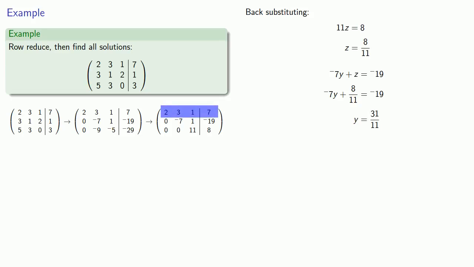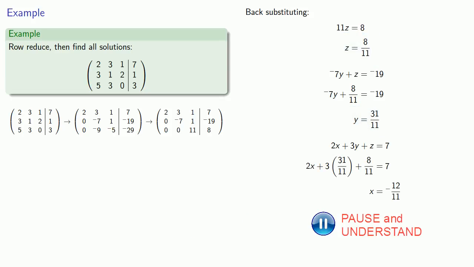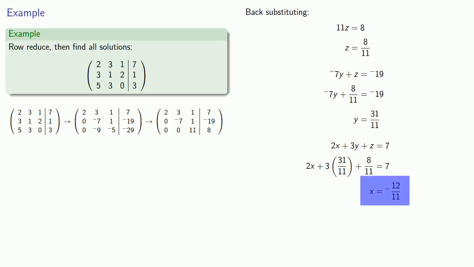The first row corresponds to the equation 2x plus 3y plus z equals 7. We'll substitute in our values for y and z and solve for x. And so this gives us our solution: x equals negative 12 elevenths, y equals 31 elevenths, and z equals 8 elevenths, which we'll write in vector form.